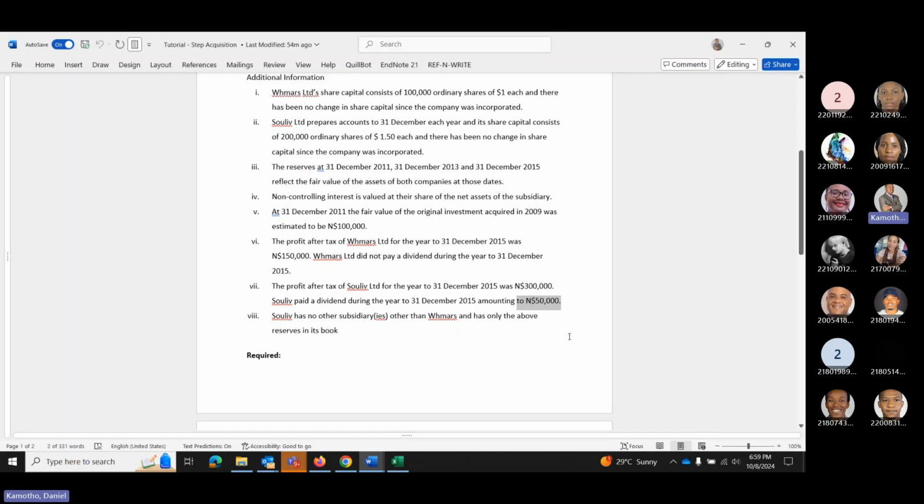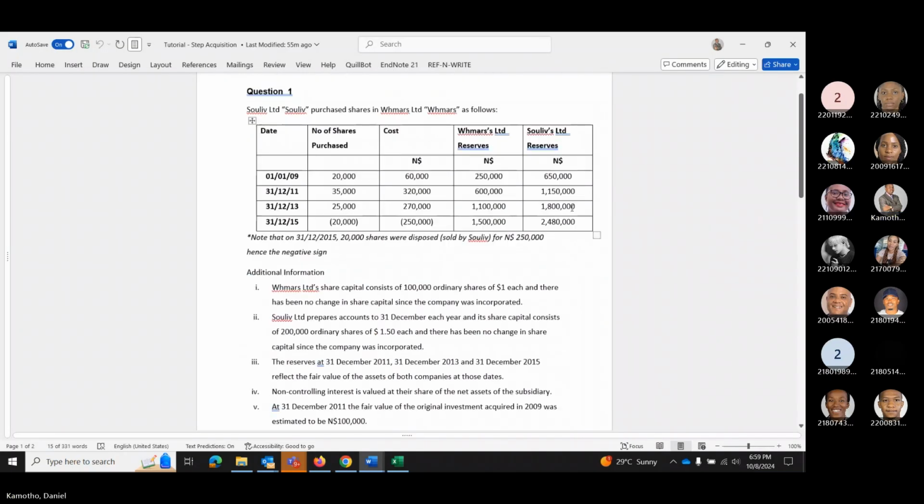You have to decide which assumption you want to make: they made 300 and 300 went to the statement of changes in equity, or it's 250 because they made 300 net of the dividend they shared. Is it 250 or 300 here? Which one should we do?